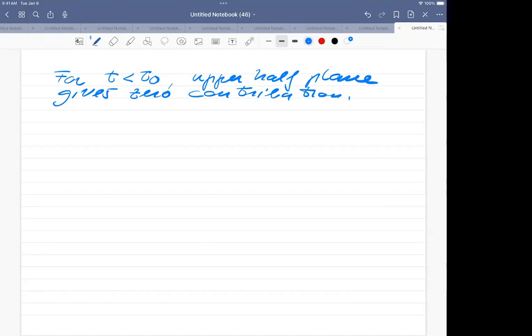So at t equal t0, the step function just jumps from 0 to 1. This is just some basic mathematics, the step function jumps from 0 to 1.